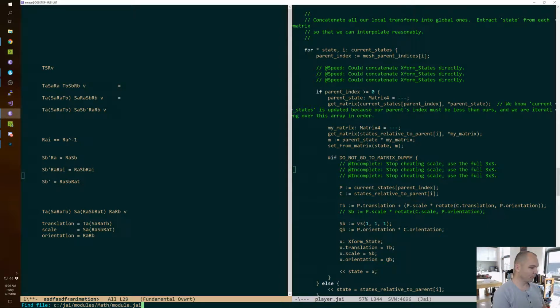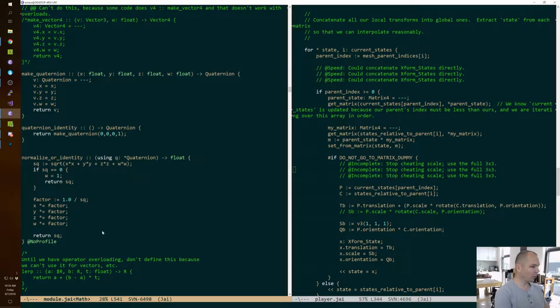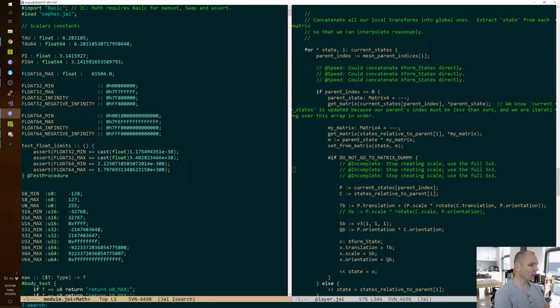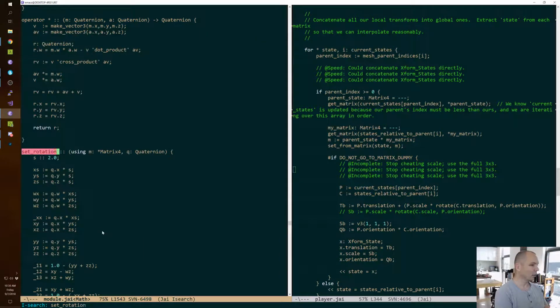Okay. Let's look at the math module. We have this set rotation on a matrix 4 for a quaternion, but not on a matrix 3.